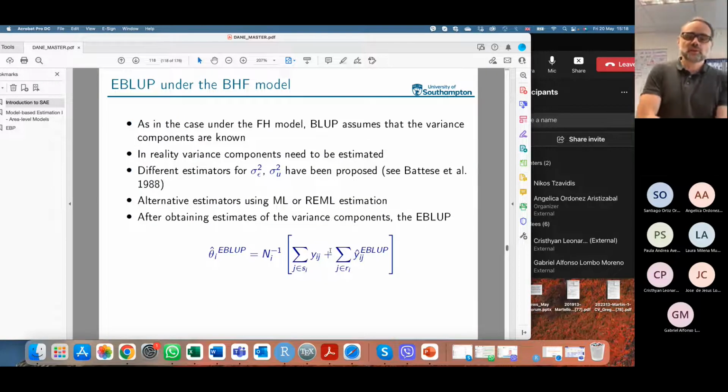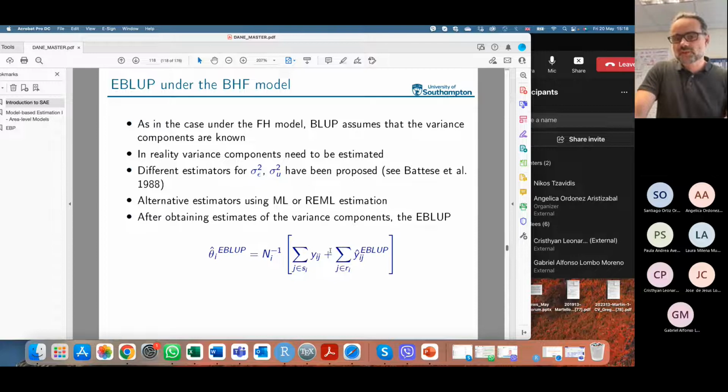Okay, as with the previous area level model, you need to estimate in reality the variance components. So you need to get estimates of sigma squared e and sigma squared u, and there are different methods that have been proposed in the literature and in the original paper by Battese, Harter, and Fuller.